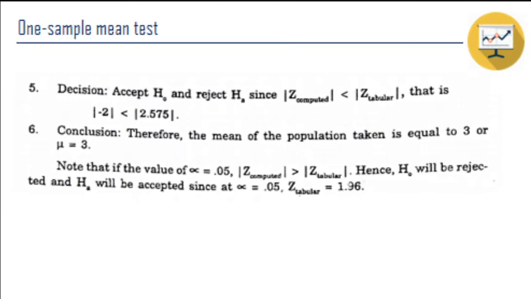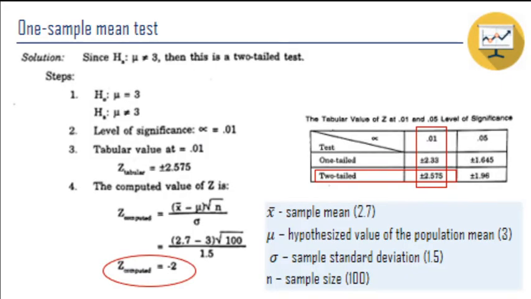What if the significance level is 0.05? Okay, so if we use 0.05, let's go back here, our tabular value would be positive negative 1.96.